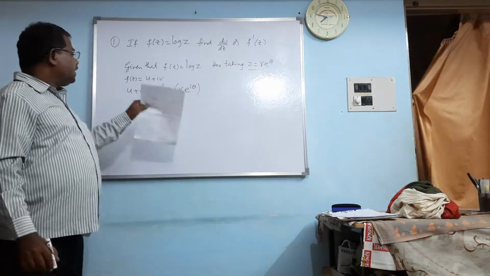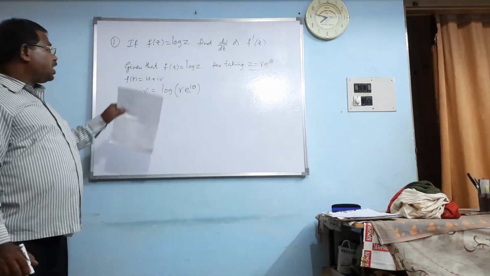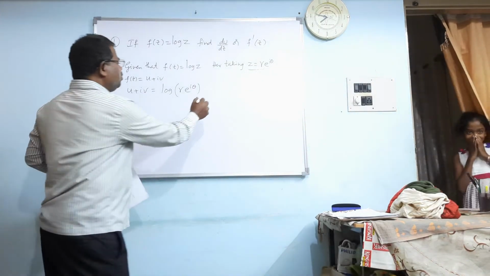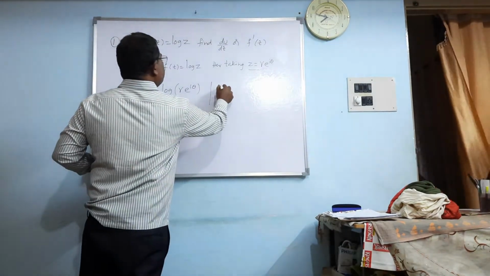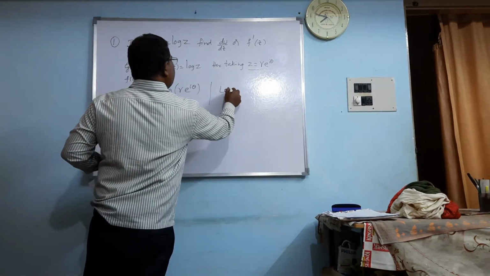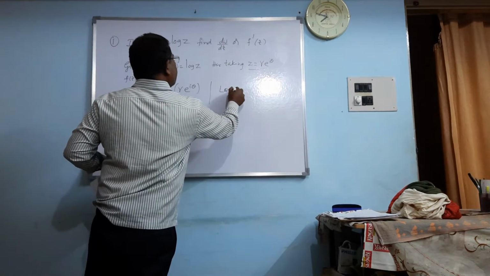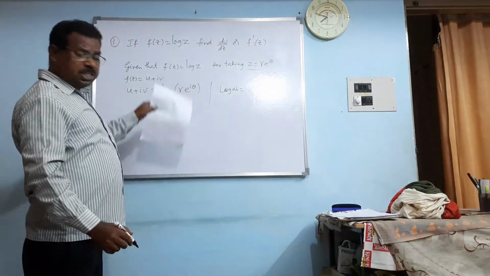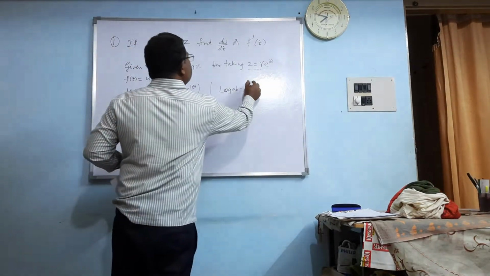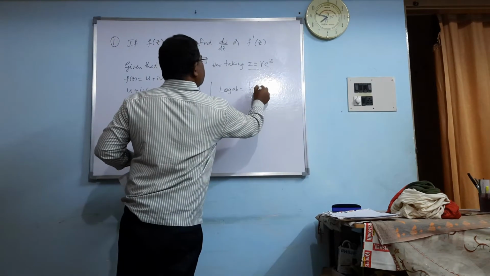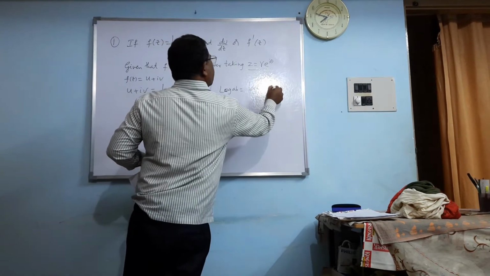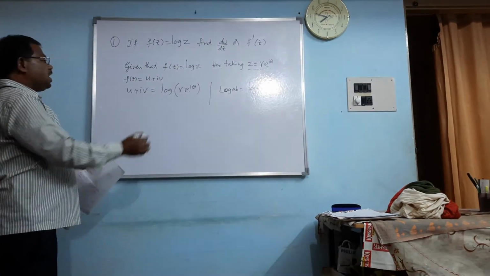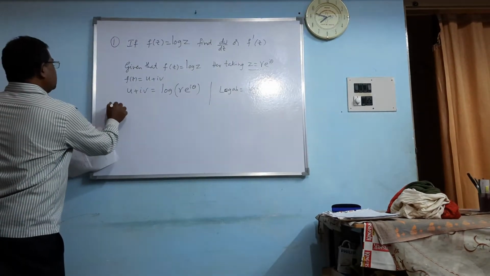Here we use the logarithmic rule. What is the formula for log ab? You remember, I discussed earlier, this is the elementary formula: expand log a plus log b. Everybody knows this formula.